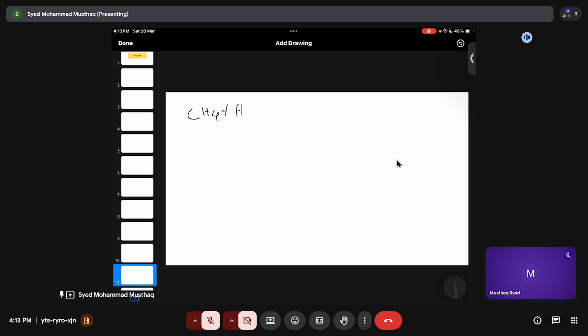You will end up with carbon monoxide plus H2. And the same methane can react with your carbon dioxide to give carbon monoxide plus H2. When you combine these, it becomes an exothermic process.